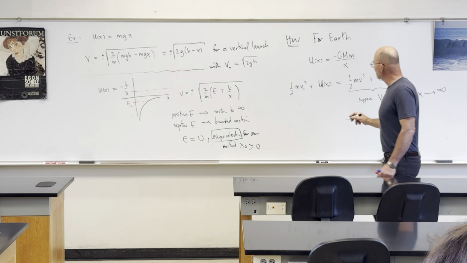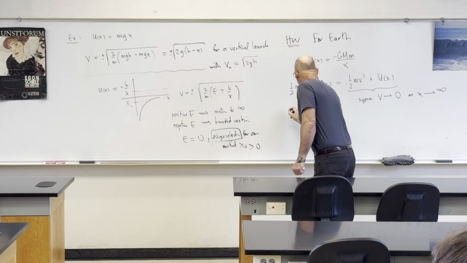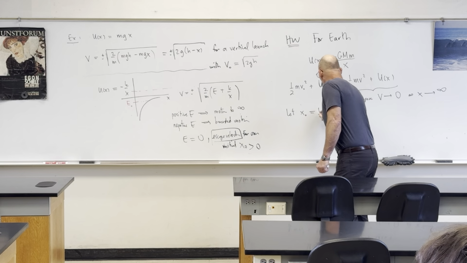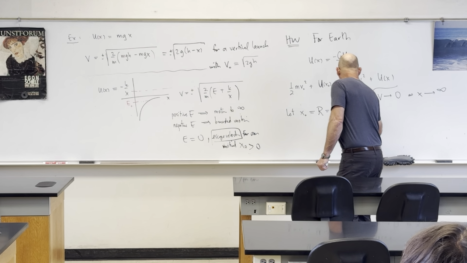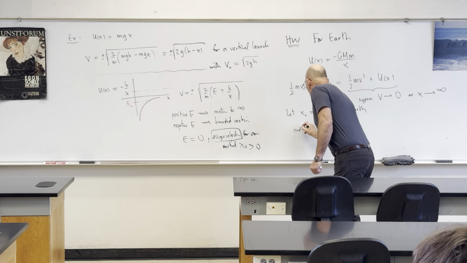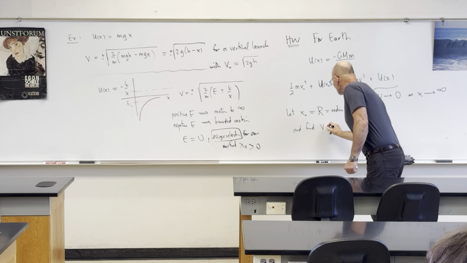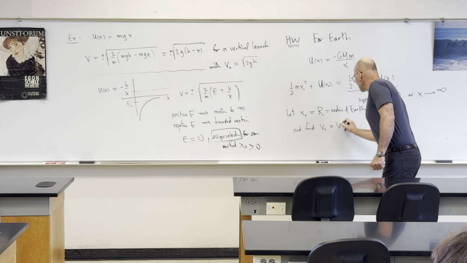So then you have x naught equal R, which is the radius of Earth, and then calculate the escape velocity and find v naught equals the escape.